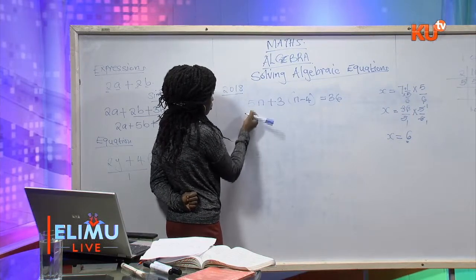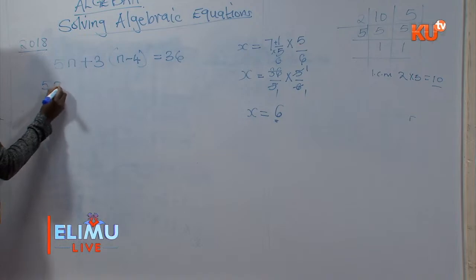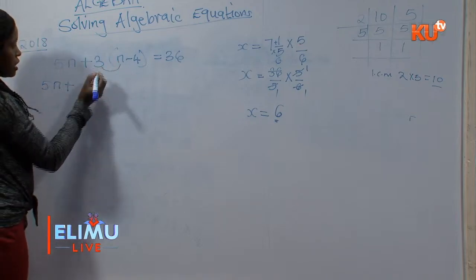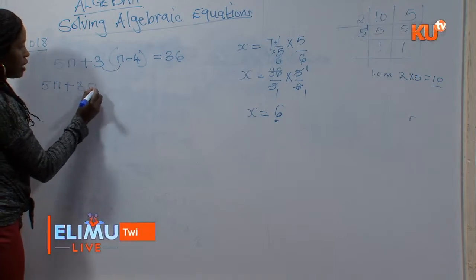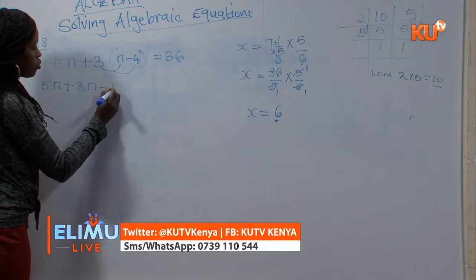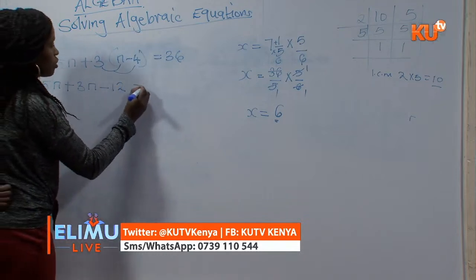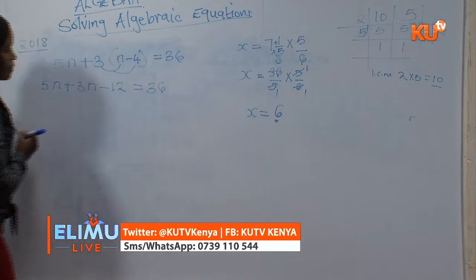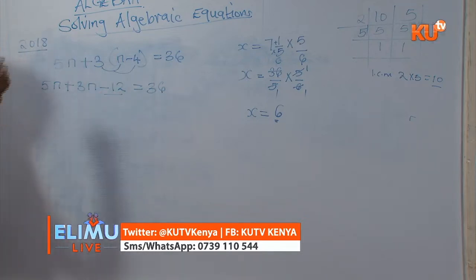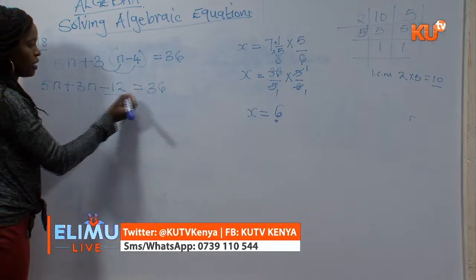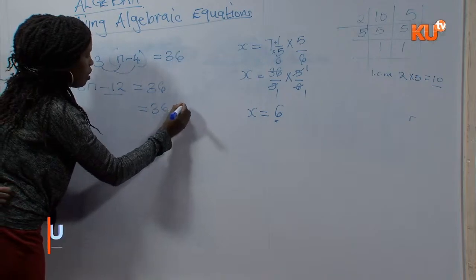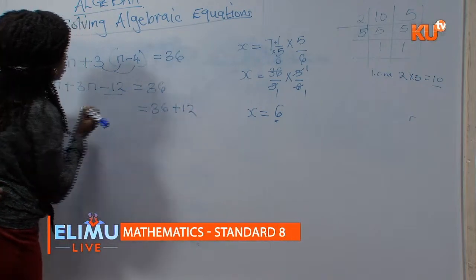So we copy down what we have, 5n plus, here we open up, n times 3, we get 3n, then minus 4 times 3, we get 12, is equal to 36. This is minus 12, I take it to the other side. When it crosses over, it changes to positive.